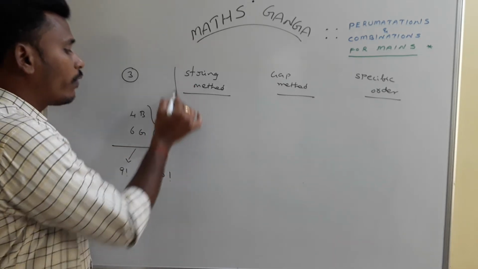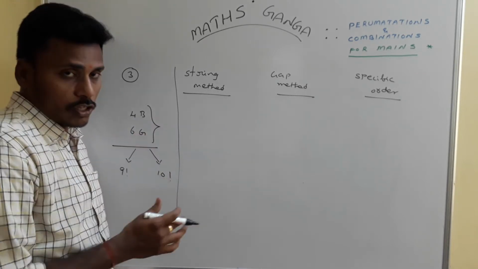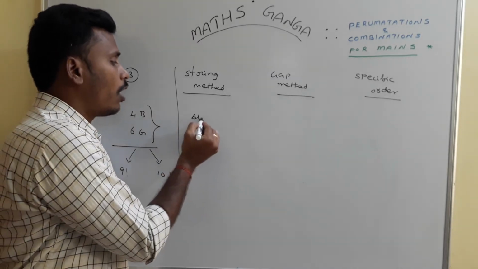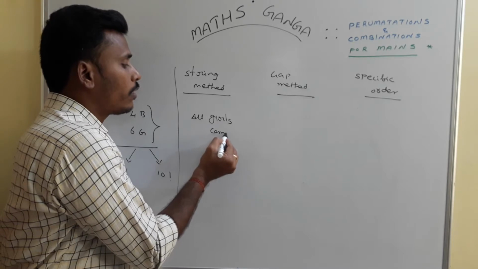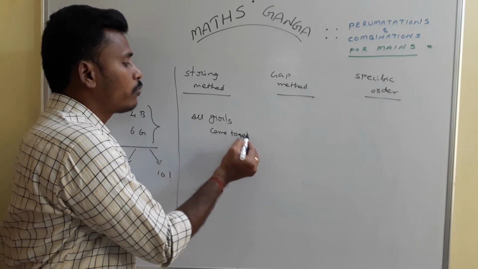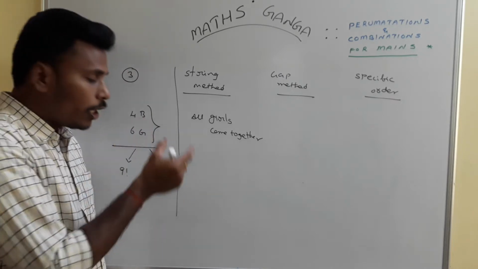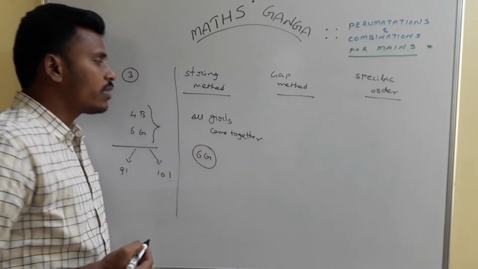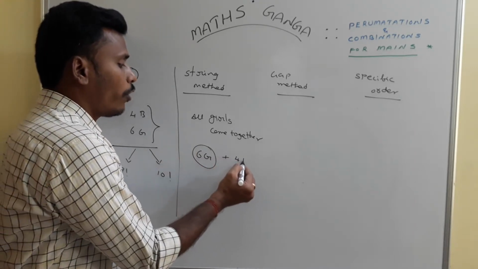But where will we use the string method? There are certain problems. If they ask you to arrange these 10 objects such that all girls come together, we need to string all the girls. We need to make a pack of girls. If you string these 6 girls, we have a string of girls plus 4 boys.